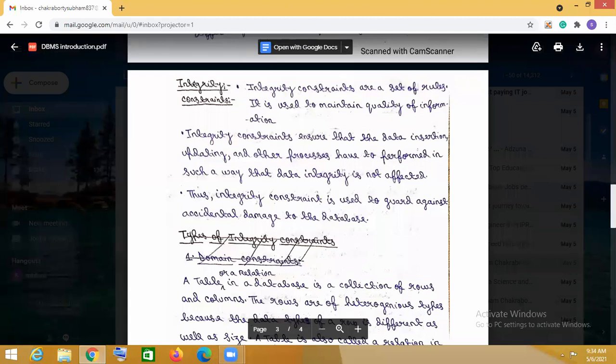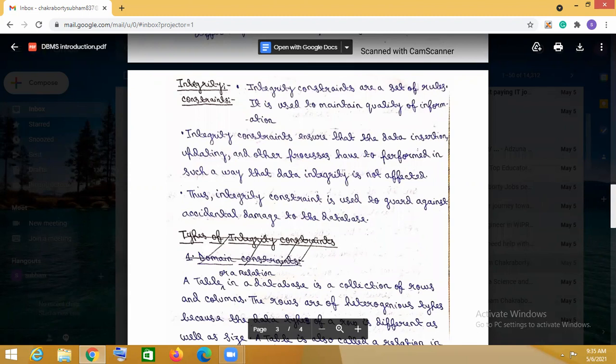These rules ensure that whenever we insert data into the database, update data, or perform some other process, the integrity, meaning the quality of the database, is not affected. If I insert some data, our whole database should not change.